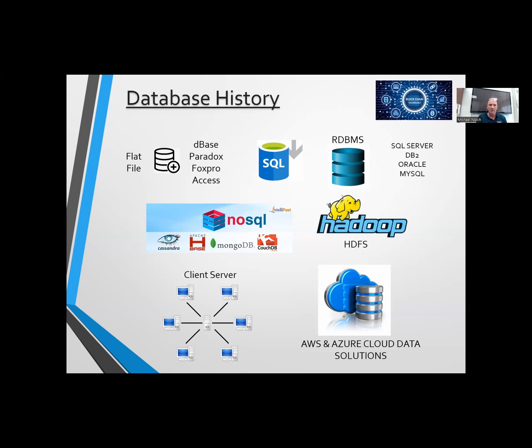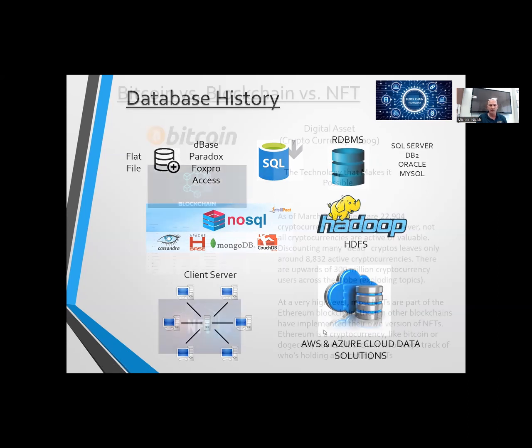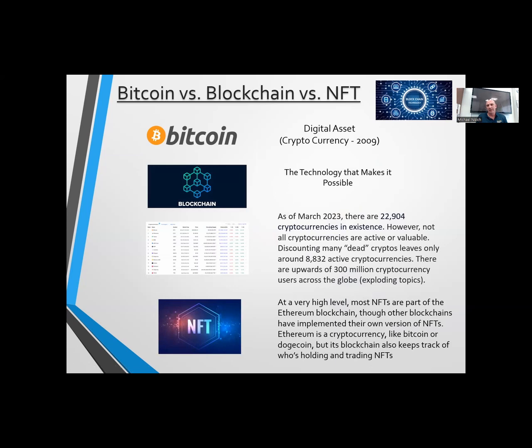So one thing that I do like to bring up is that we always talk about crypto and Bitcoin and all that. It's not really blockchain. It's blockchain technology, but cryptocurrency and NFTs, non-fungible tokens, are all symptoms or applications or outcomes of blockchain technology.